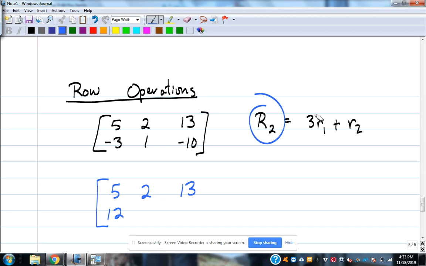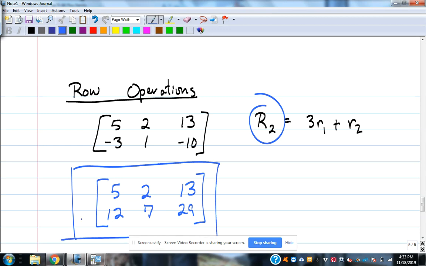And then I'm going to take 3 times positive 2. That's 6 plus row 2, 6 plus 1 is 7. And then I would take 3 times 13, which is 39, plus row 2, so plus negative 10, would be 29. That big old thing there is the final answer for that.